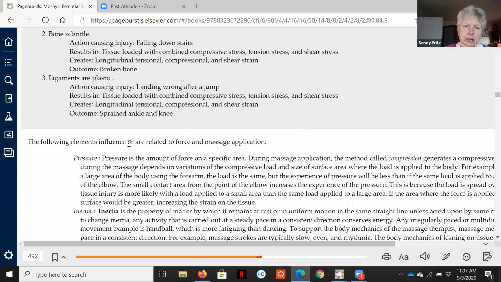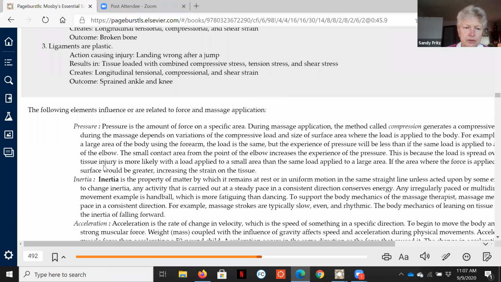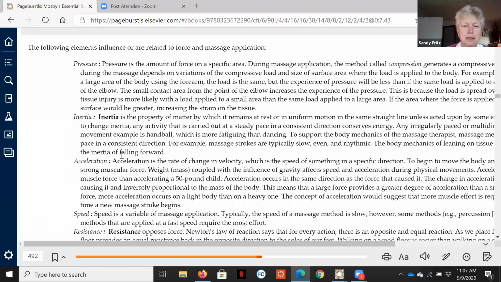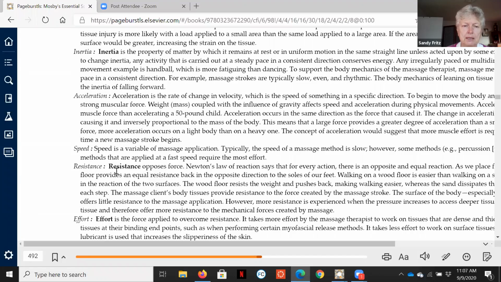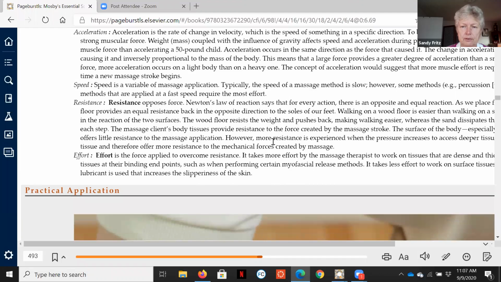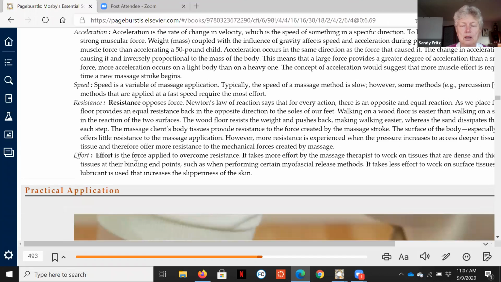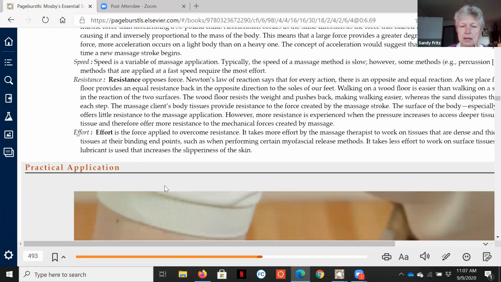So the following elements influence or are related to force and massage application. Pressure and inertia has to do with movement and acceleration and speed and resistance and effort. And so when we're doing massage, we have to stop and think about these as well, because we want to get the most done, for example, with the least amount of effort.